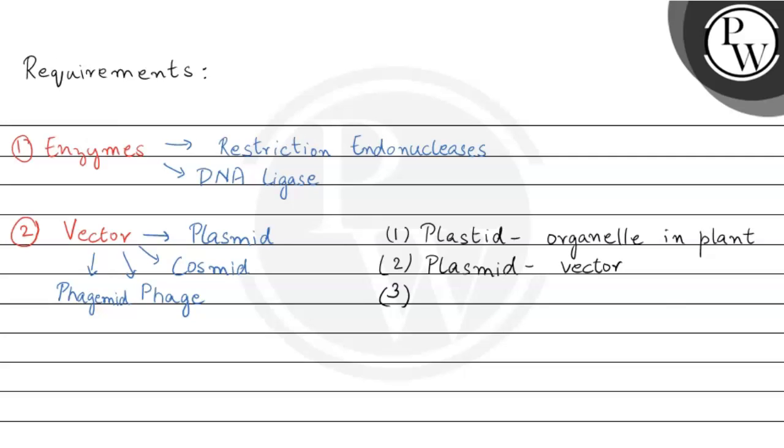Then the third says codon. Codon is the triplet nucleotide pair in DNA which plays an important role during translation. So these are the three options which are given.